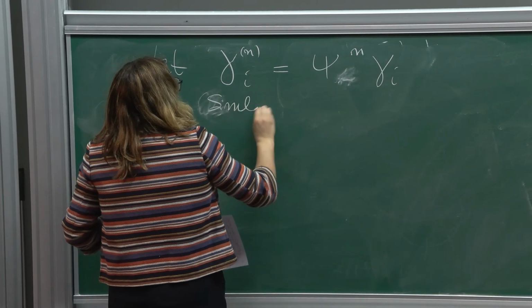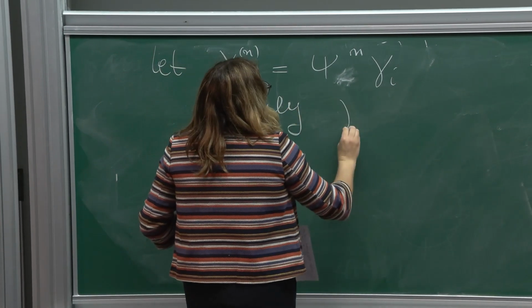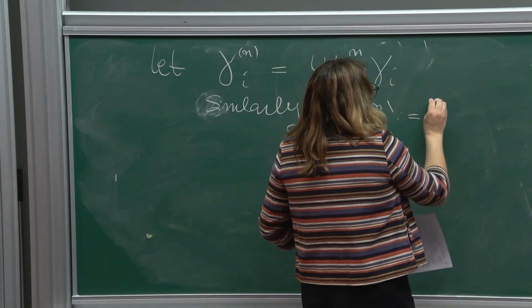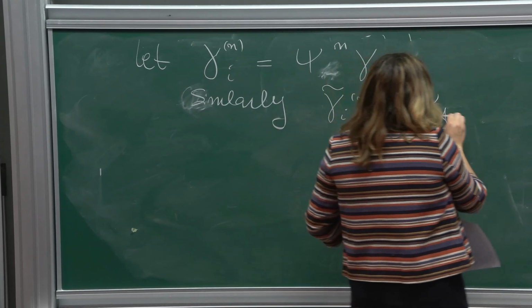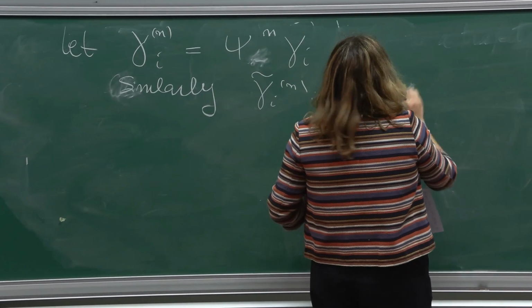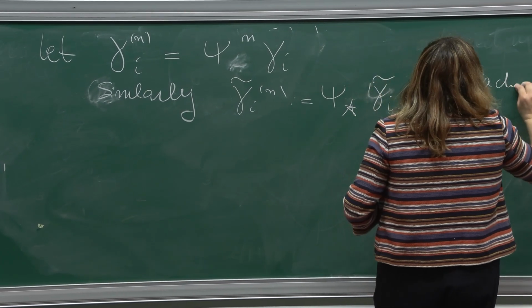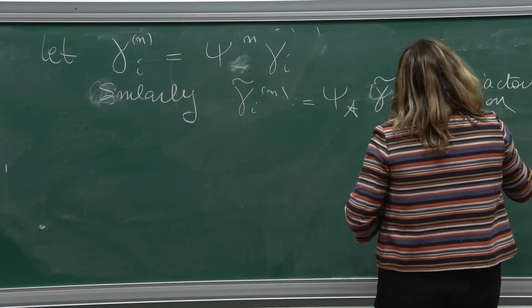similarly, gamma i n tilde. You can think of them as given by the action on homology of gamma i tilde. This is some action of the diffeo on homology.